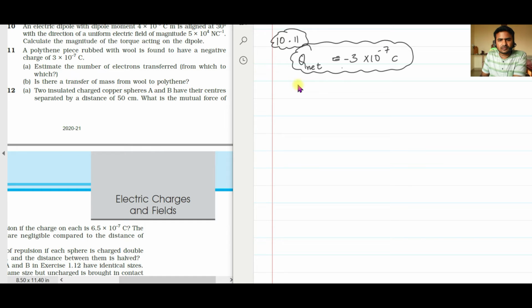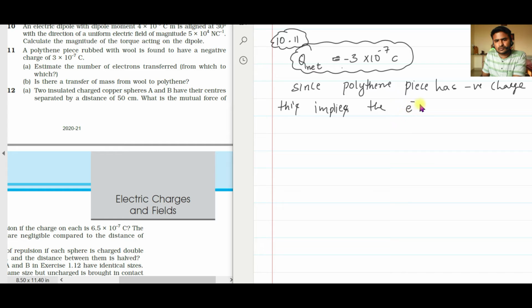Since polythene piece has negative charge, this implies the electrons have got transferred.